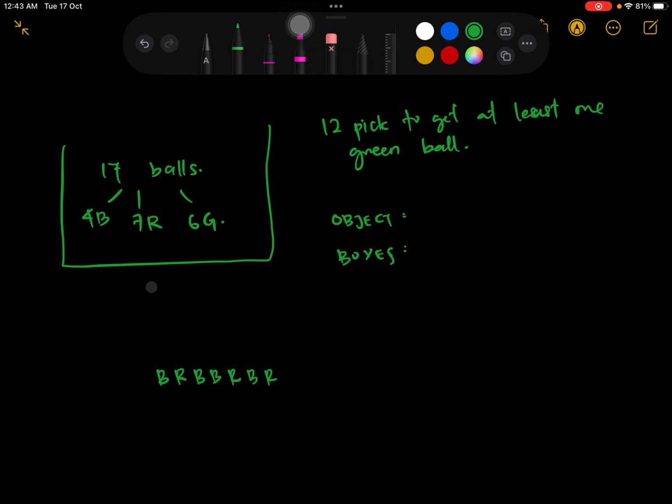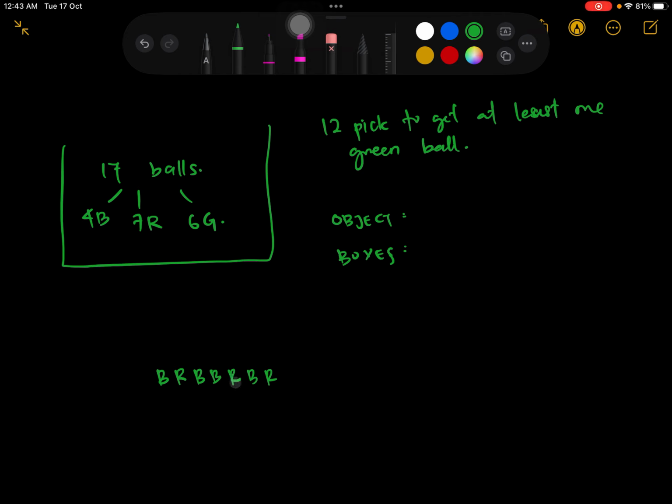So kalau you pilih 1, 2, 3, 4, 5, 6, 7 bola. Kalau you pilih 7 bola, tak guarantee. There is no guarantee bola hijau you akan dapat. Okay, maybe possible. Kalau you are lucky, you boleh dapat bola hijau tu. Tapi kalau you are very unlucky, setiap kali pilih, you tak dapat bola hijau.